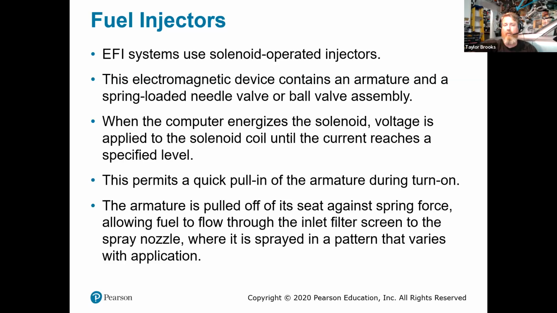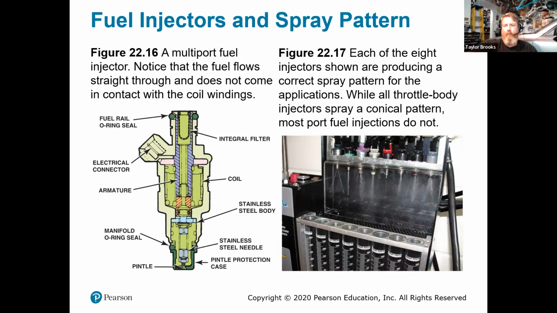It also allows us to have a lot more control, in that the computer can maximize the vehicle's performance and fuel efficiency by increasing the pulse width based off of the input data that it is getting live from the vehicle operation.